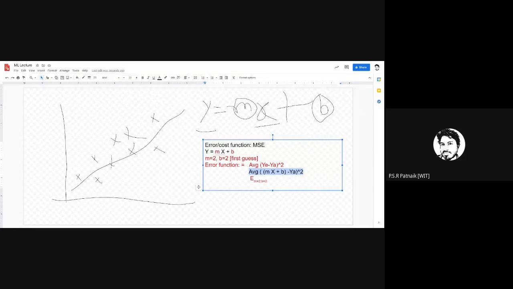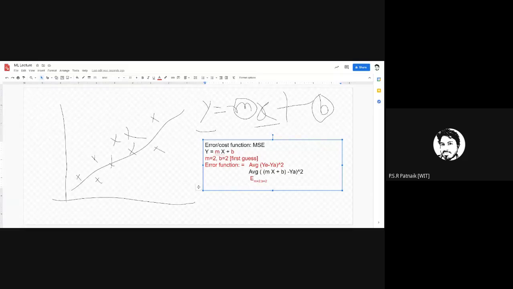So how do I do that? Let me ask you a question. Is the error function dependent on one single variable or two variables? Which are those parameters which affect the value of the error function?